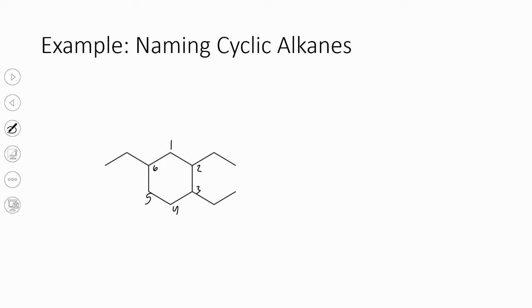So my parent would be cyclo. So no space there. And then I can see I have 3, 1, 2, 3 ethyl groups.